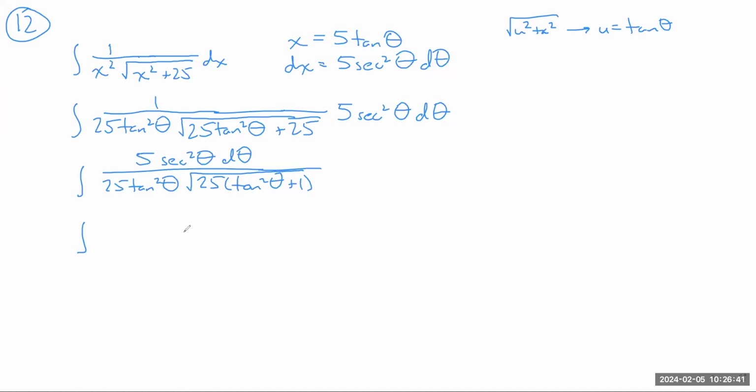You can convert the tangent squared theta to secant squared theta. Yeah, tangent squared theta plus 1 is secant squared theta, right? So 5 secant squared theta over 25 tangent squared theta. For now, I'll just leave the square root of 25 secant squared theta d theta, and hopefully now a lot of things will cancel.